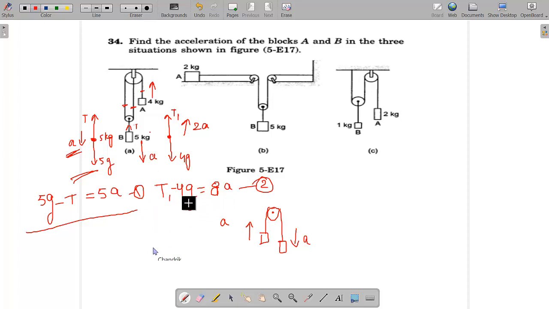If it was one string, there was no problem because we would have assumed T only in both cases. So in this string we have assumed T1, and in this string we have assumed T. Now we have to find some relation between T1 and T. Then only we will be able to solve these equations. Understood?